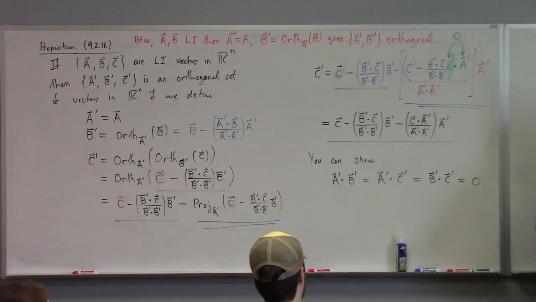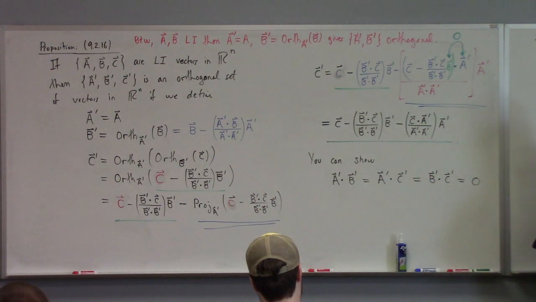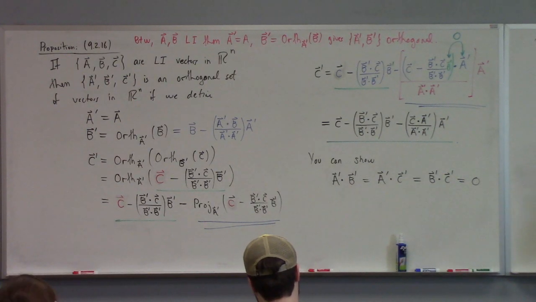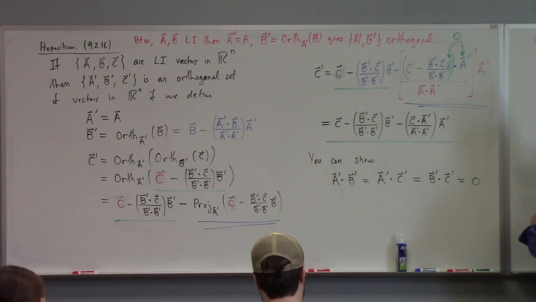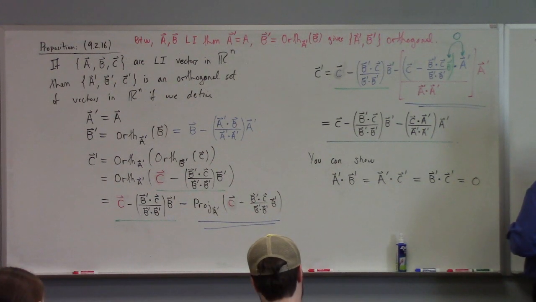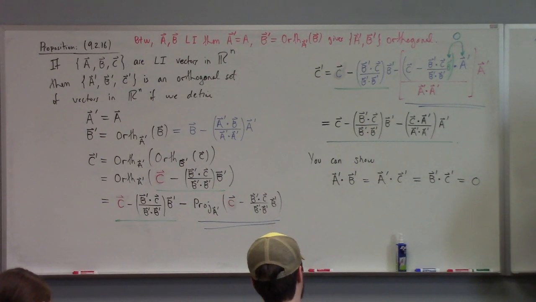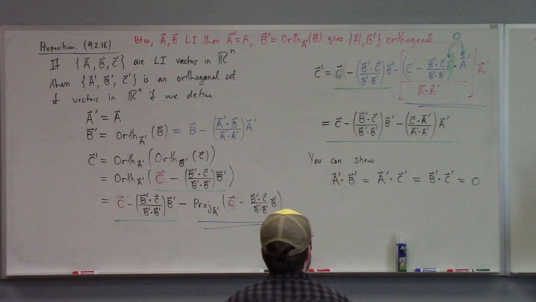All right. So, the general theorem is if we're given S equal to V1 through Vk, a subset of Rn, linearly independent, then if we say, okay, V1 prime is V1, V2 prime is V2 minus V1 prime dot V2 over V1 prime dot V1 prime, V1 prime, etc., until we get to the jth one, Vj prime is equal to Vj minus the sum i equals 1 to j minus 1 of Vi prime dot Vj divided by Vi prime dot Vi prime, right?